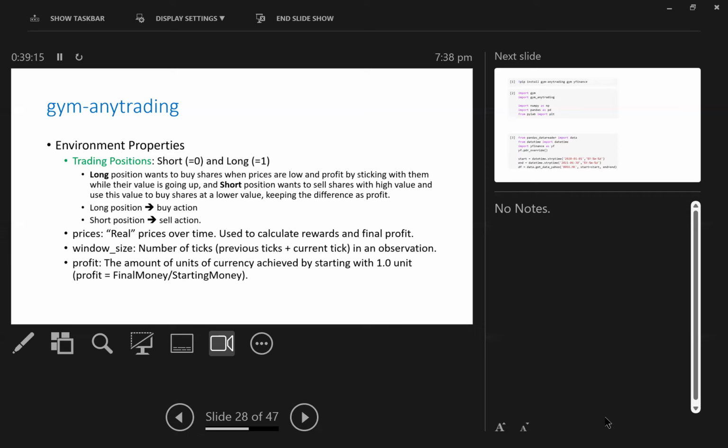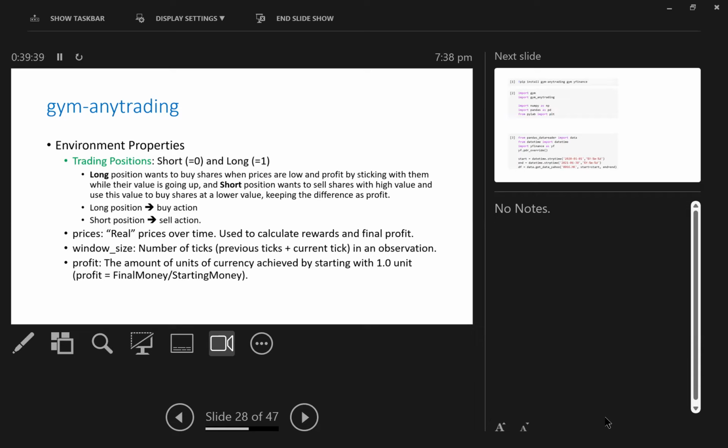Okay. So this is the major prediction that your machine learning algorithm needs to make. So what is a long position? That means that after all the previous trading information, you decided that this stock has good potential. Okay.